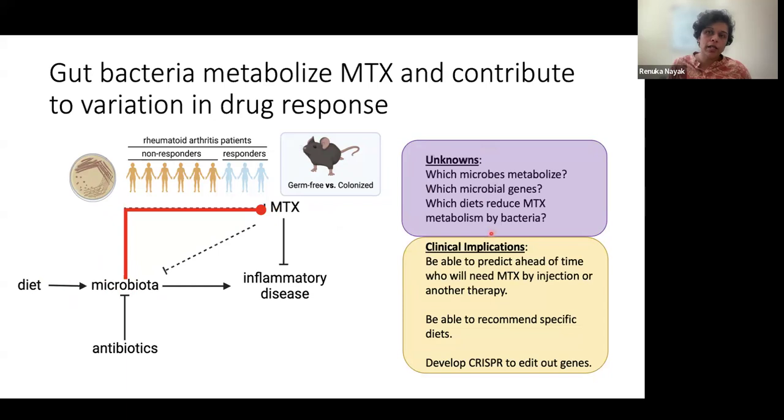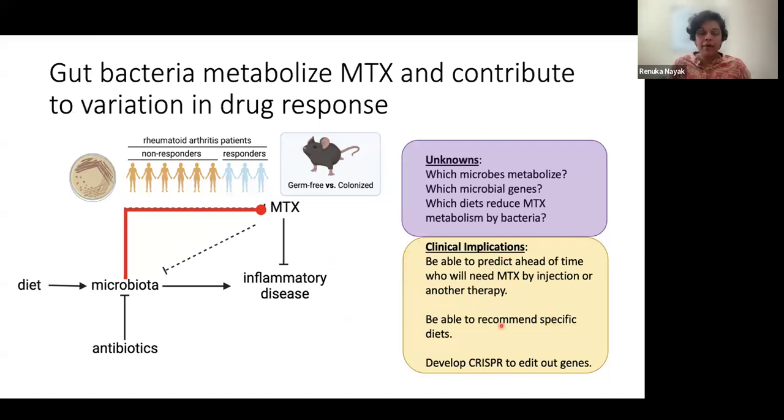And I think these are questions that are important to answer because of the clinical implications. One of the things is, if we know the pretreatment microbiome is associated with methotrexate metabolism, maybe we can make a predictor about who might need either subcutaneous methotrexate or some other therapy at the outset. That's something that we're interested in developing.